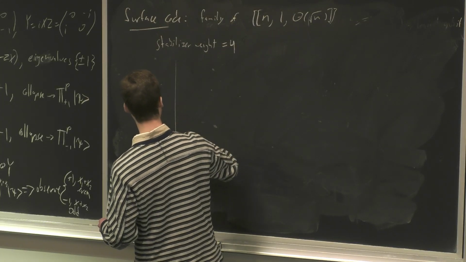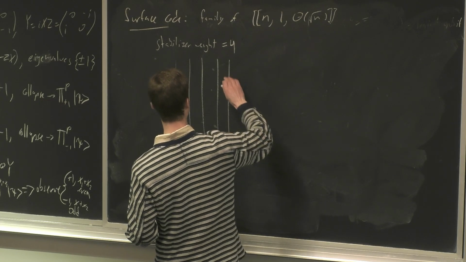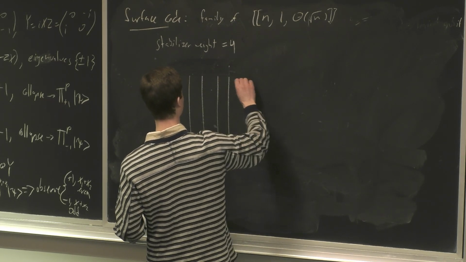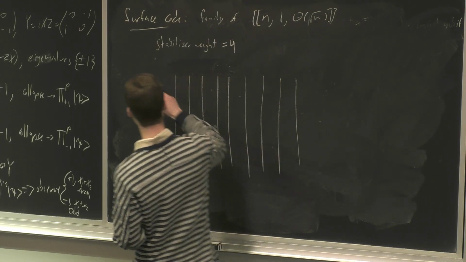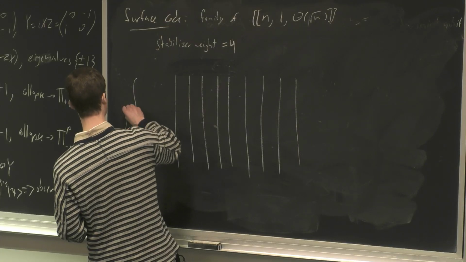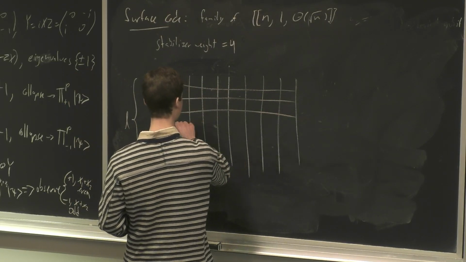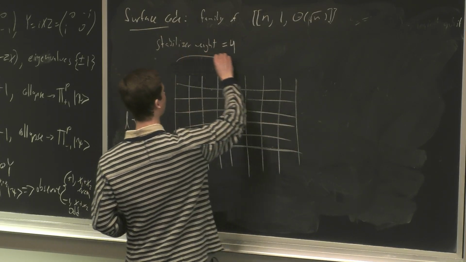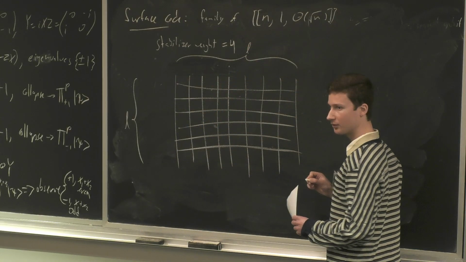So how do we define the surface code? We first draw a large lattice. Say it's an L by L lattice. And I've drawn it a bit funny.